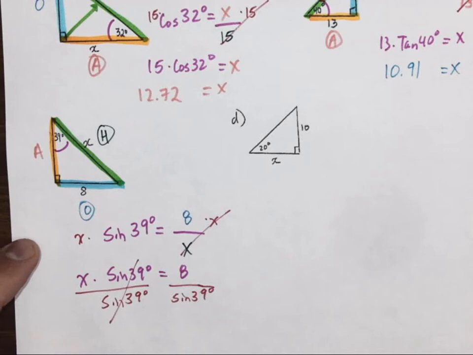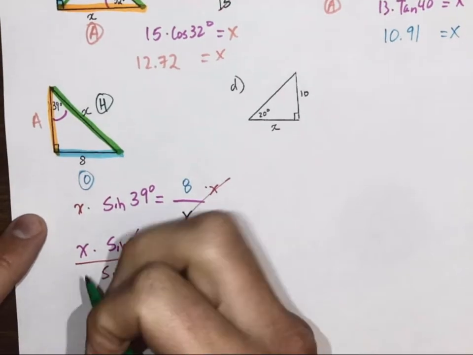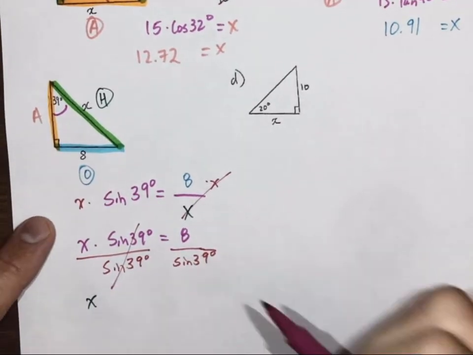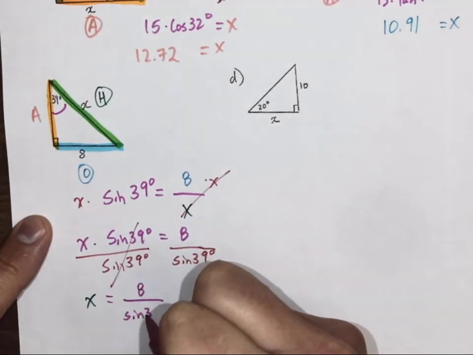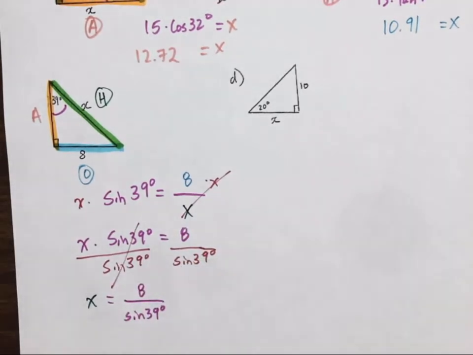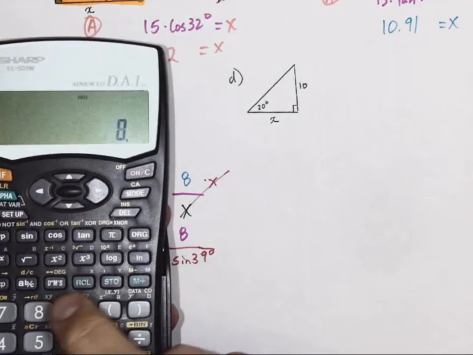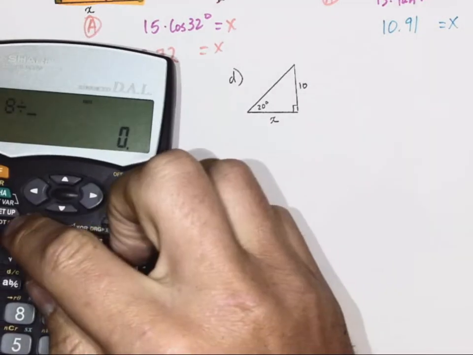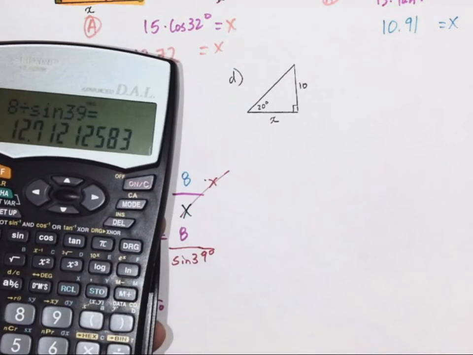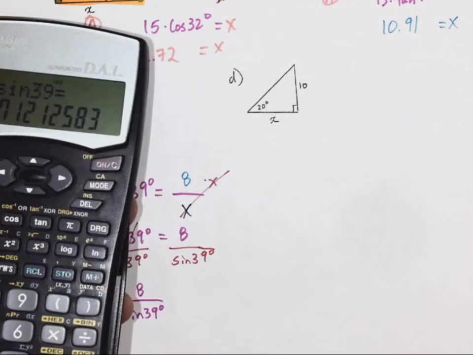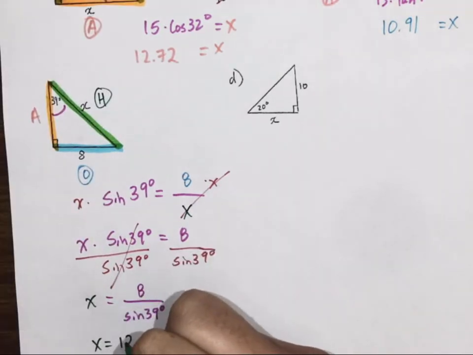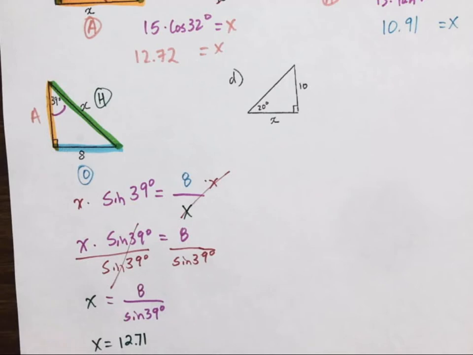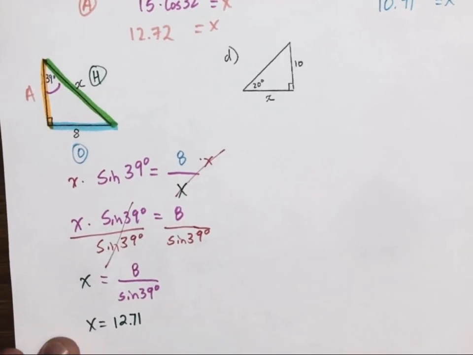So x, our unknown, is going to equal 8 divided by sine 39 degrees. And on a good scientific calculator, I can put that straight in. 8 divided by sine 39 degrees, I hit equals, 12.712. I'm going to round right away. 12.71, whatever the unit would be.